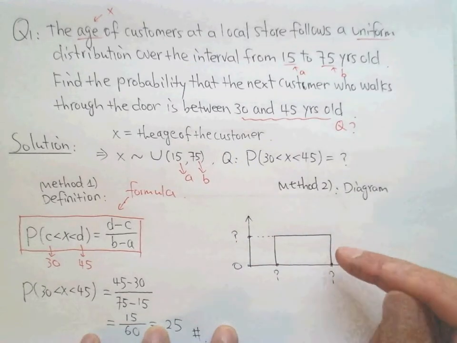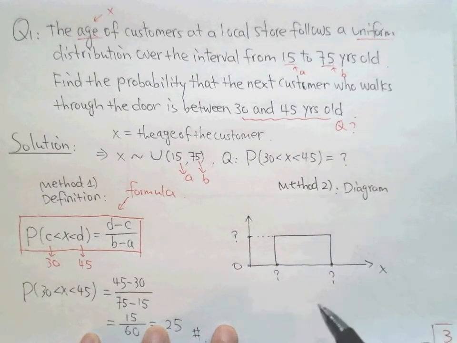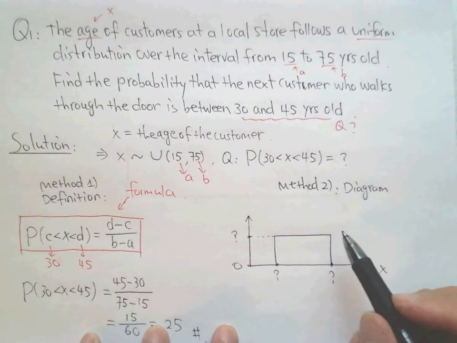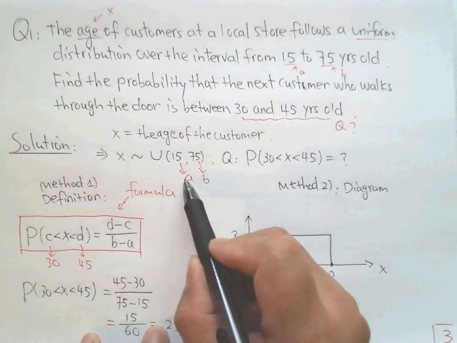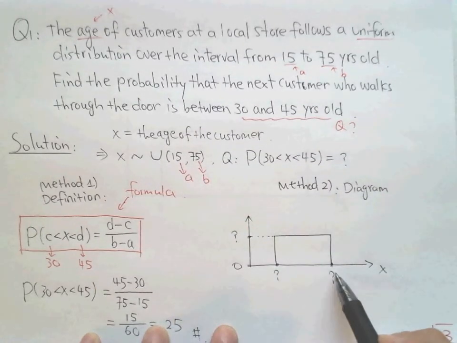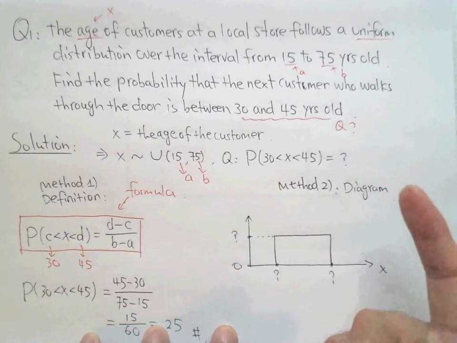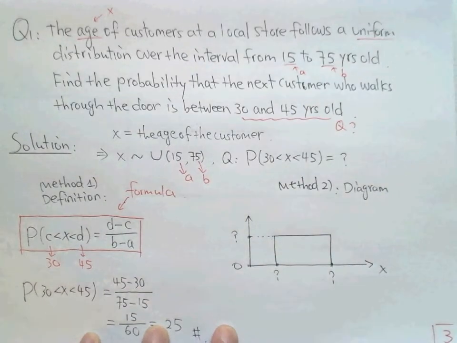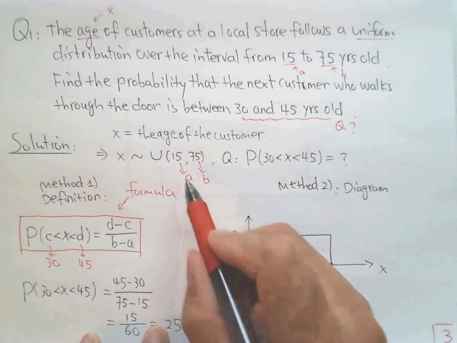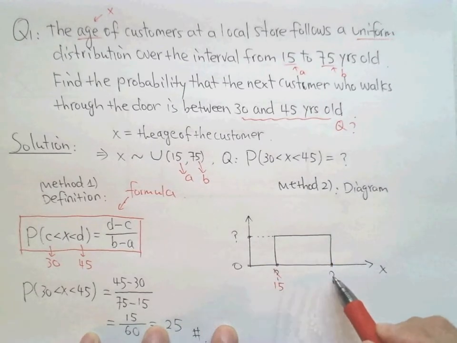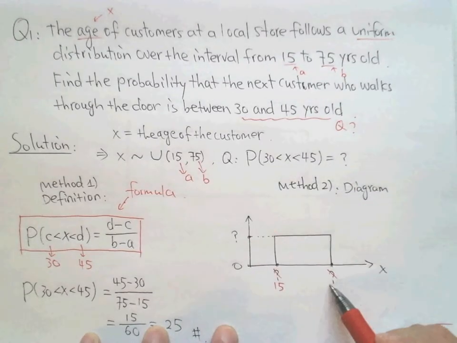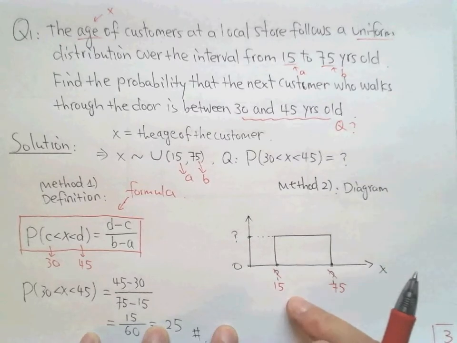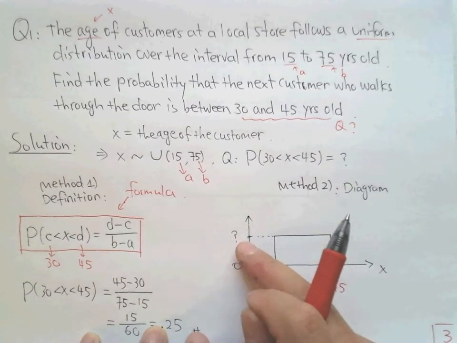If this y is 0, can you see? First we need to determine the variables. Because it is the uniform distribution from A to B, this is A, this is B, remember this, and the total area equals 1. So first I determine what the number here is: A is 15, good. What is the number here? B is 75, good. See, we determined these 2.